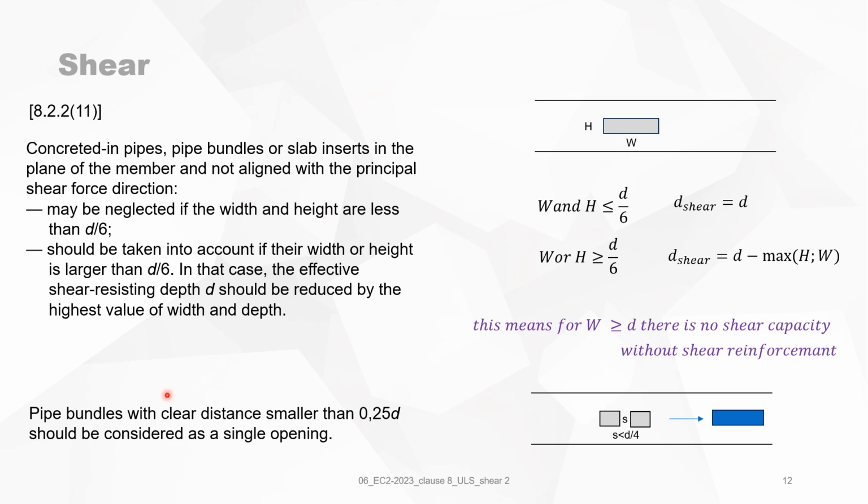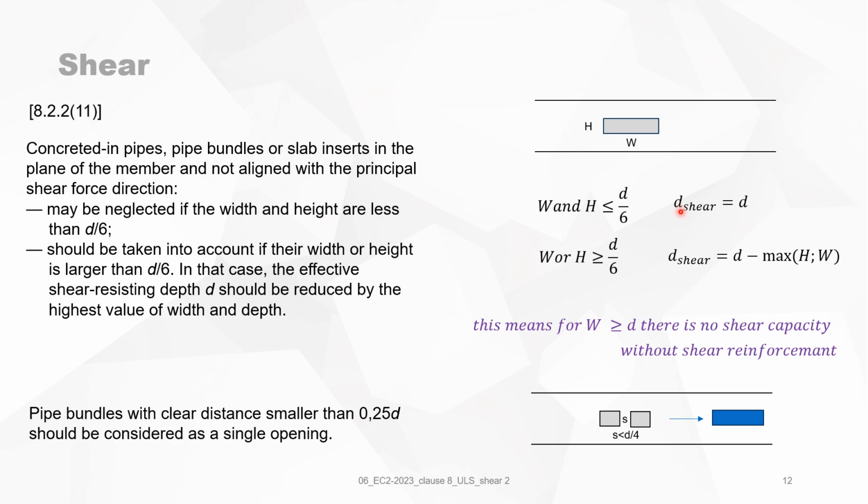A beam in a building has, in many cases, reservations in the beam for pipes or other elements that are going through the beam, and you can now neglect, in fact, the openings in it, on the condition that the dimensions of the opening are both smaller than d over 6, the effective depth over 6.